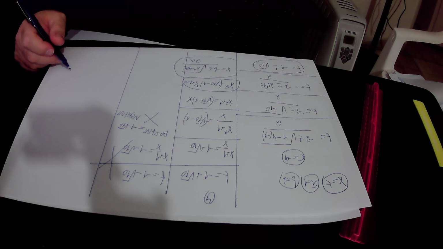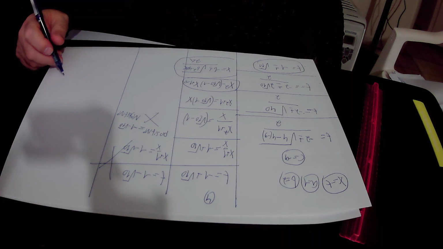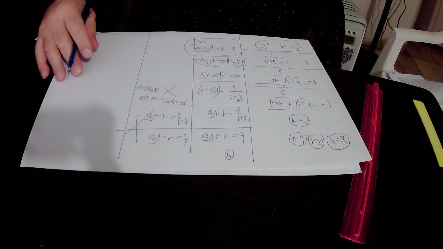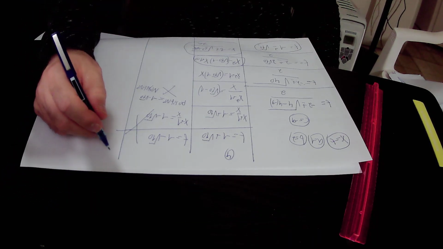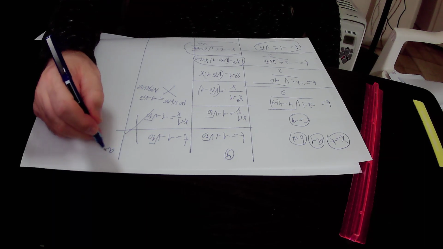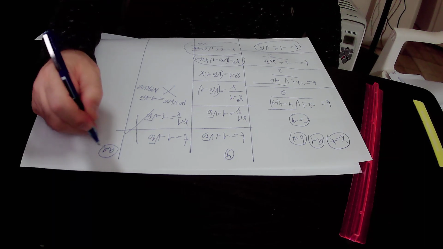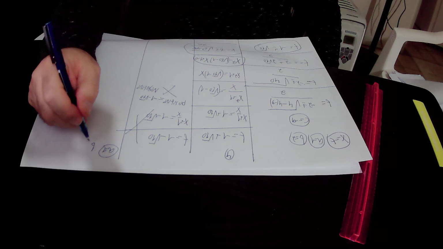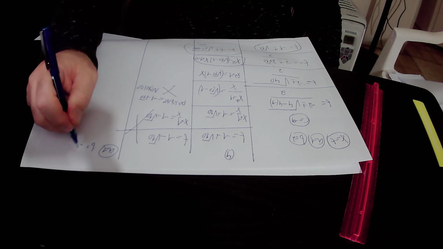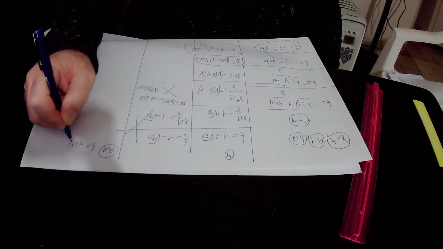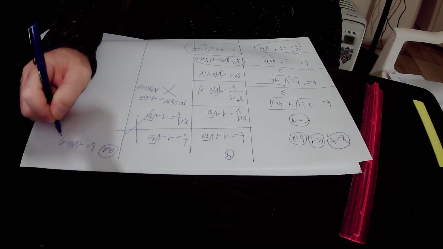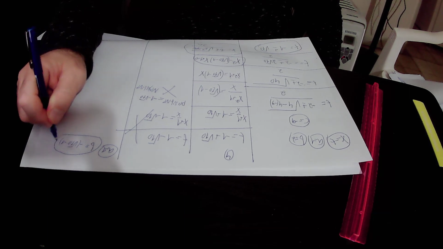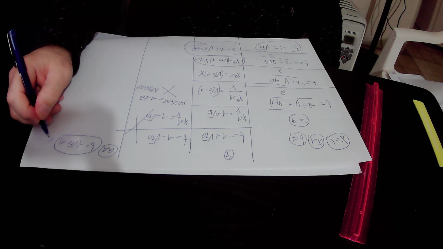In our specific quadratic equation, we know that the coefficient a equals 1, the coefficient b equals minus the square root of 10 minus 1, and c equals 1.